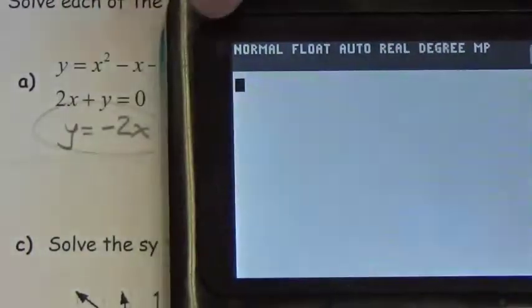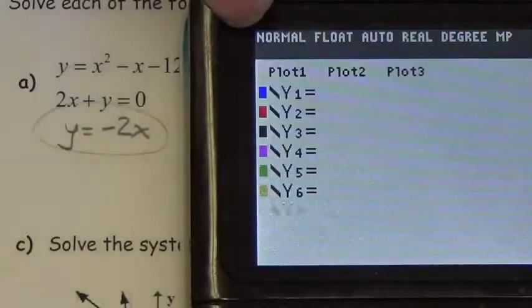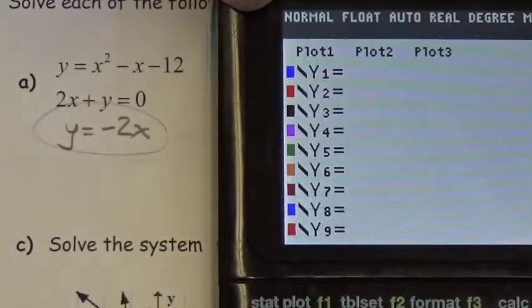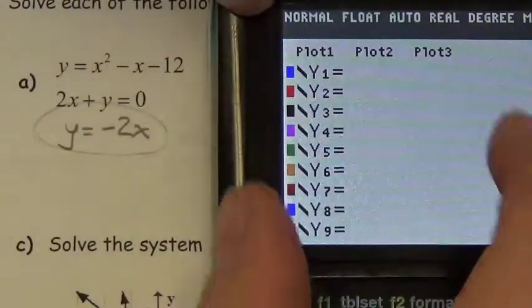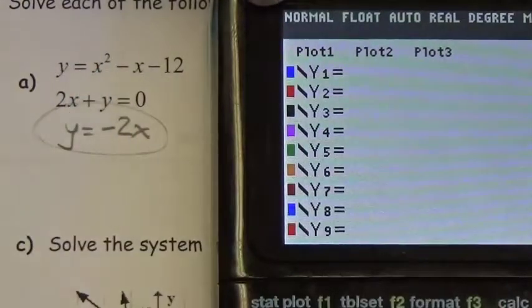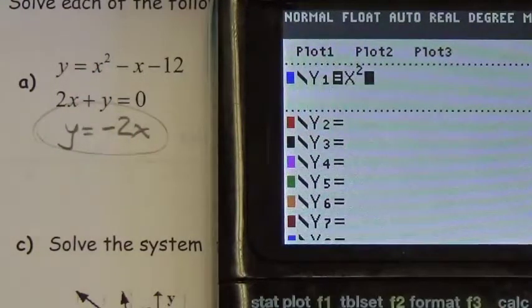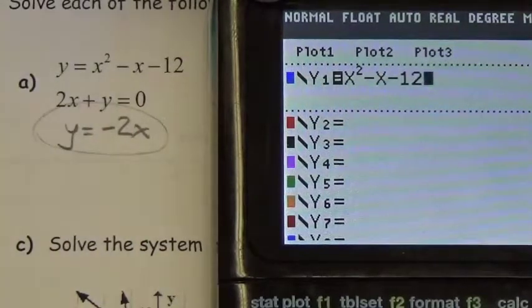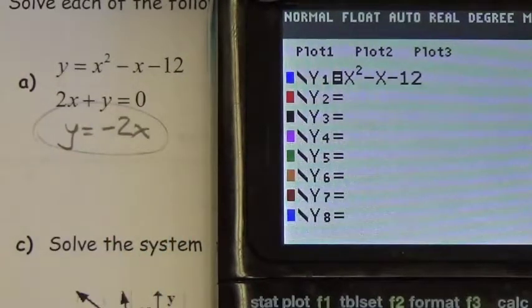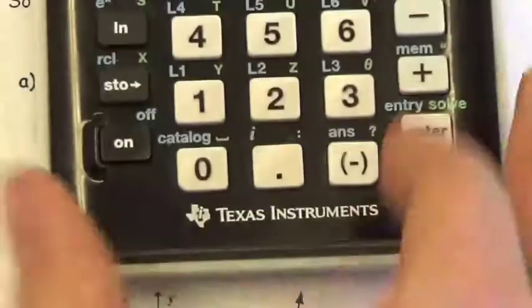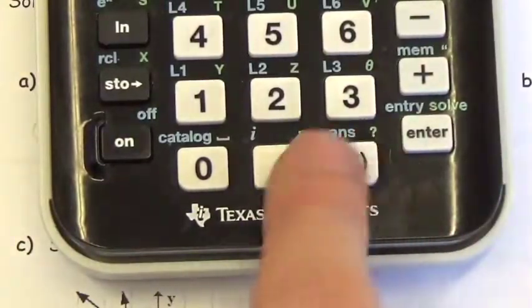Okay, now let's pull out the calculator. I'm going to press y equals to get into this screen so I can enter my equations: x squared minus x minus 12, and then negative 2x. Bear in mind, put the negative in front here.